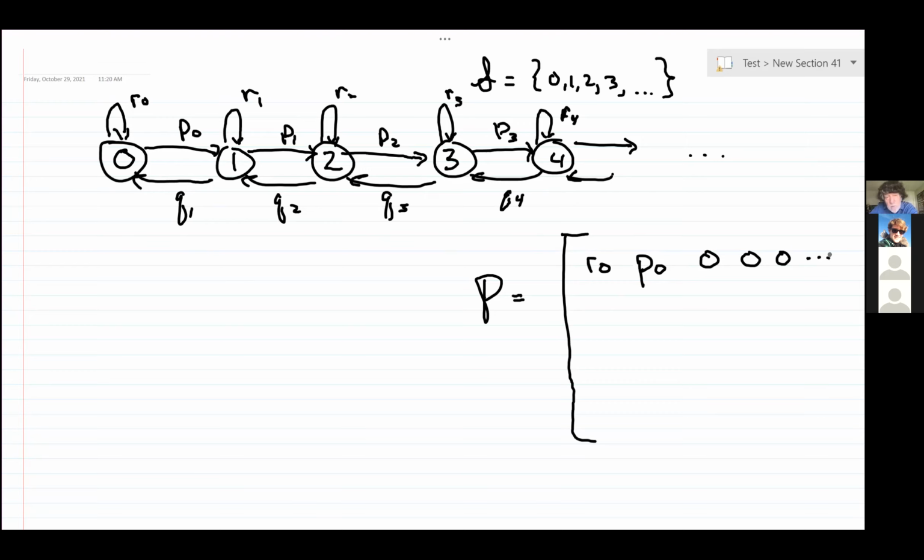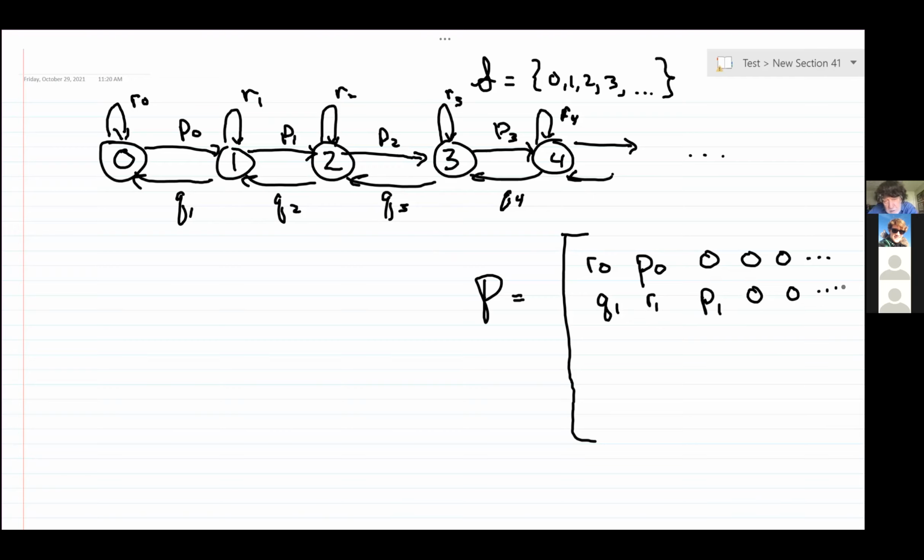Okay, what about from 1? Well, from 1, you can go to 0 with probability Q1. And from 1, you can stay at 1 with return probability R1. And from 1, you can go to 2 with probability P1. And then from 1, there's no other way to get anywhere else in one step. So there would be zeros everywhere else.